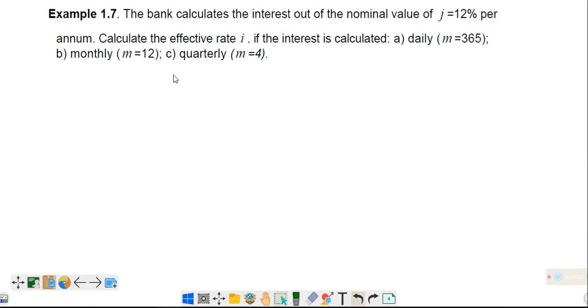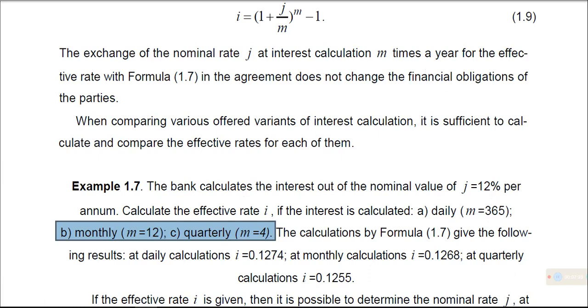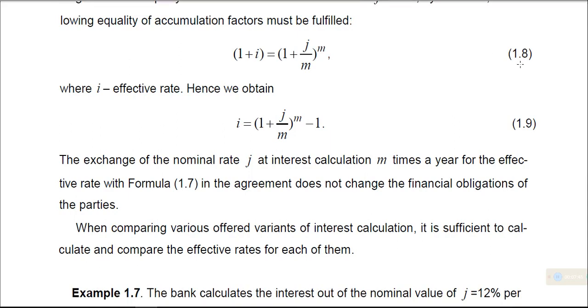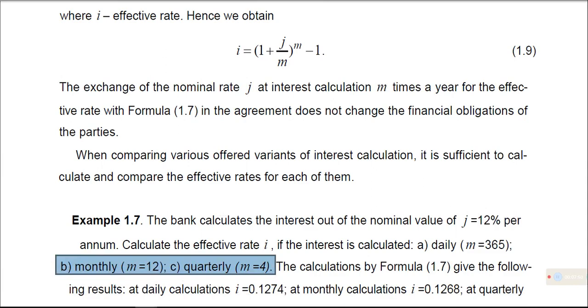So, sabi natin, we have 1 plus i is equal to 1 plus J over M raised to the power of M. This is formula number 1.8. So, paano natin kukunin yung interest na i?